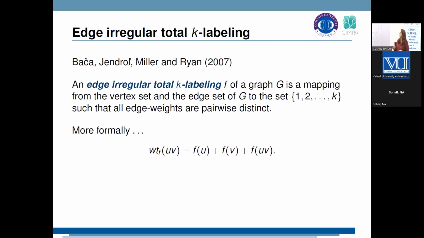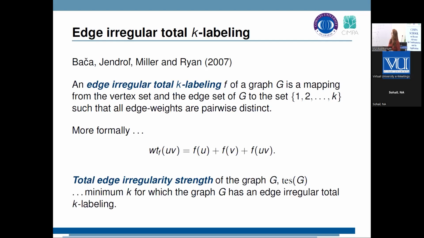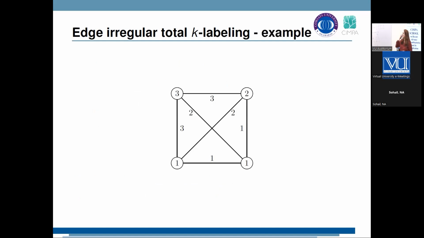So here is the definition. Let me recall that the weight of an edge is the sum of the labels of its two end vertices plus the label of the edge itself. And we again have the total edge irregularity strength. Here is an example.